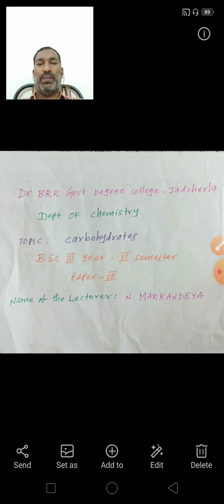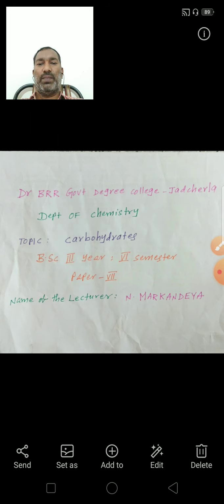Glucose shows an optical rotation of plus 52.7 degrees. The open chain structure of glucose shows an optical rotation of plus 52.7 degrees. This is the stereochemistry of the glucose molecule.